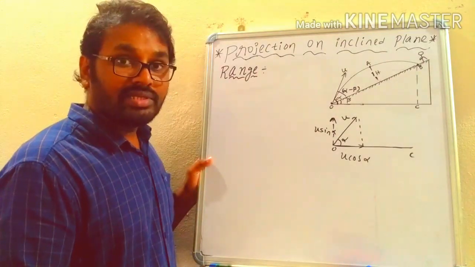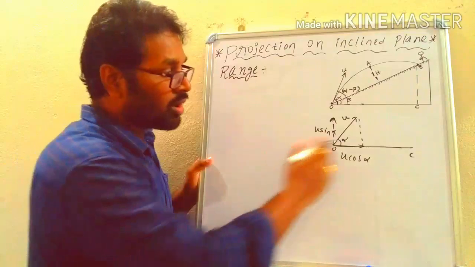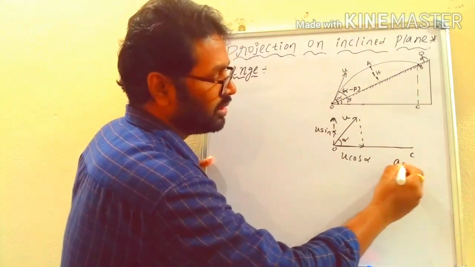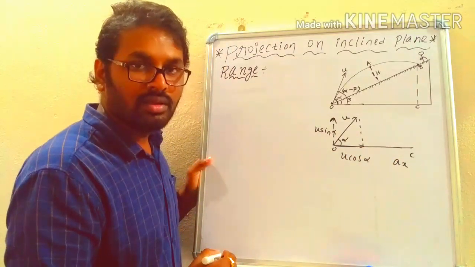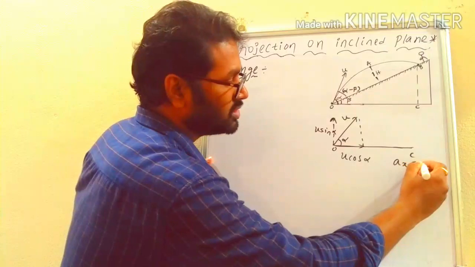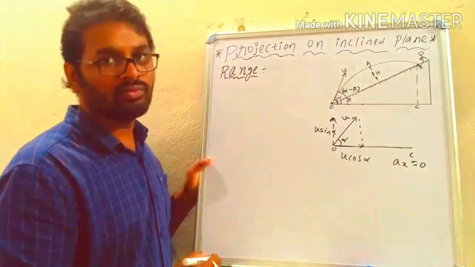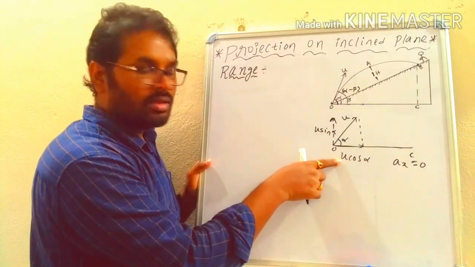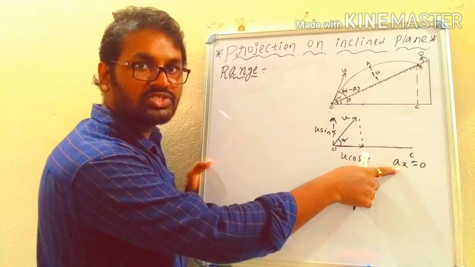And what is the gravity? The component of gravity along the OC line is 0. So directly I am writing here Ax, the horizontal component of gravity, which is equal to 0 along the line OC. So we have the initial velocity, and along the same line the acceleration is 0.